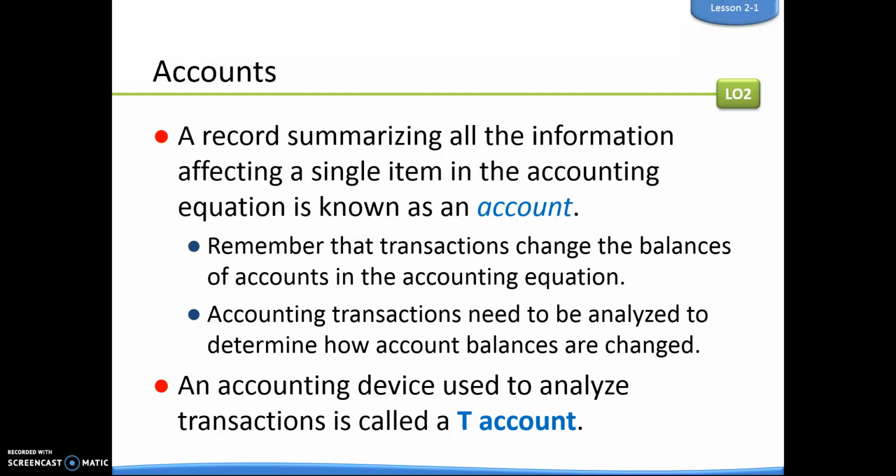And so we have to remember that transactions change the balances of our accounts and also our accounting equation. In order for us to do that correctly, we have to analyze and determine how those account balances are changed. One of the ways that we can do that, in a very introductory way in accounting, is to use our T account, which is simply an accounting device that we use to analyze our transactions.